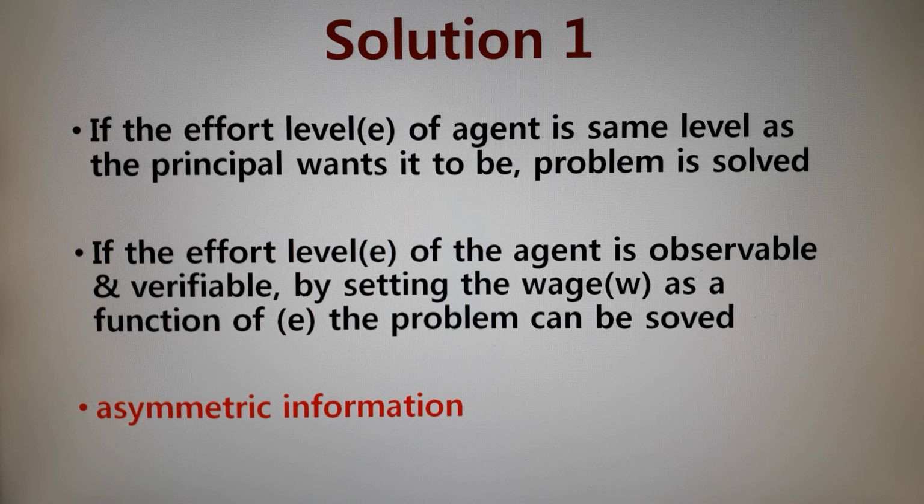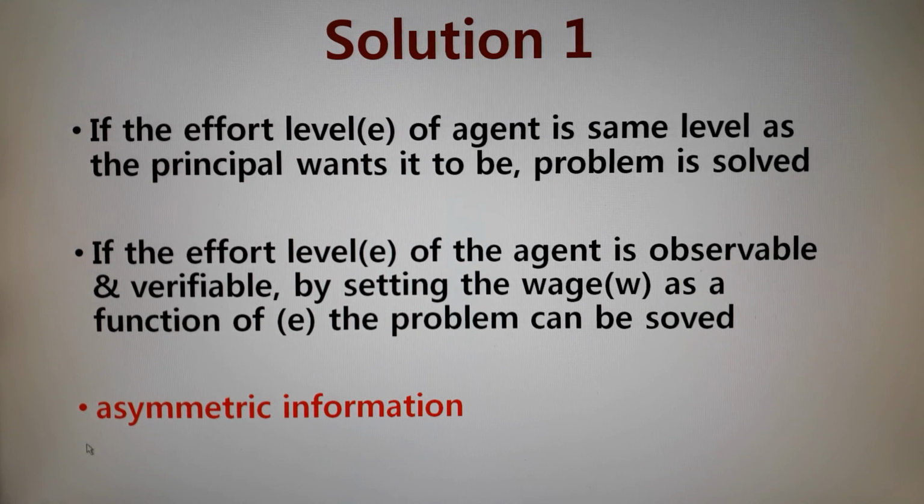Otherwise, they will quit the job, because getting paid 0, what is the point of working there? So that kind of wage system, payment system, would make all the agents do exactly what the principal wants them to do. Okay? So that is a solution to the principal agent problem.